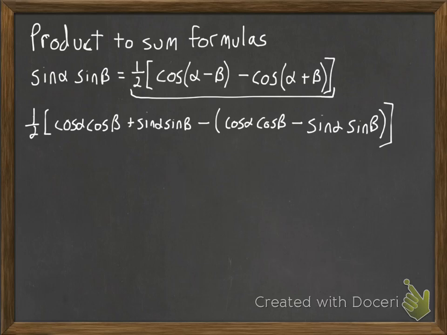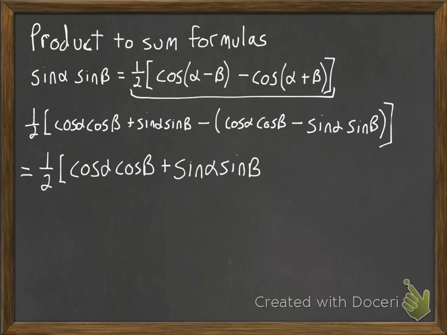And once we've got this far, it really is pretty straightforward now, because as we distribute, so first part's still the same, and then distributing the negative, that becomes minus cosine alpha cosine beta plus sine alpha sine beta.